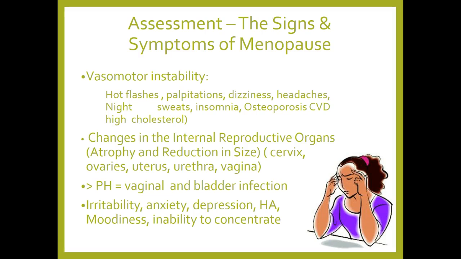These people are irritable, anxious, they may be depressed, they may experience more headaches, moodiness, and an inability to concentrate. And if you compare these symptoms and signs, many of them sort of mirror PMS.